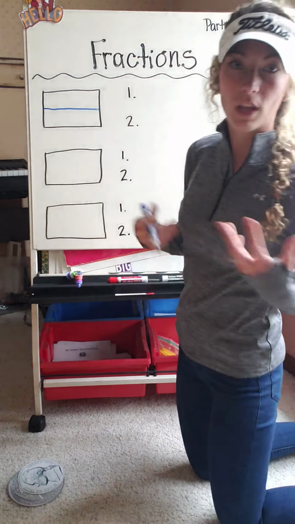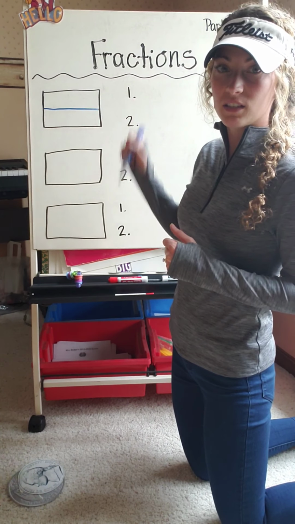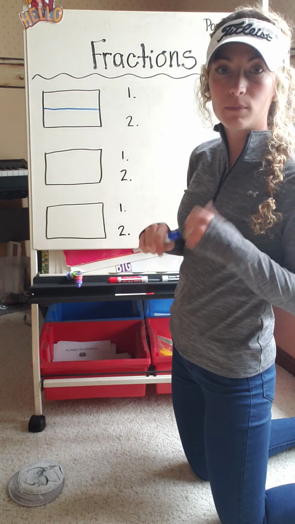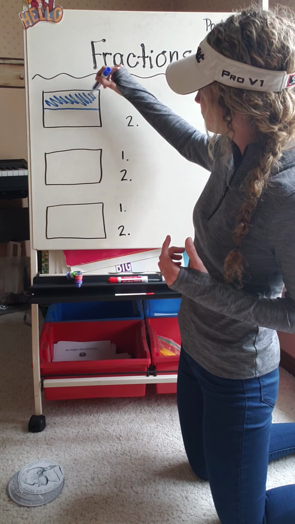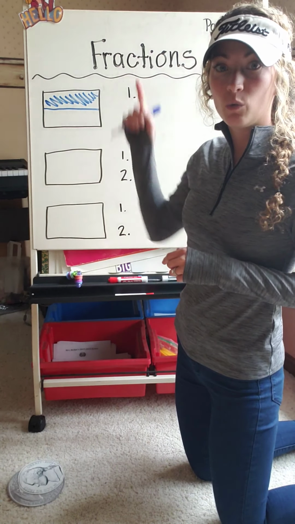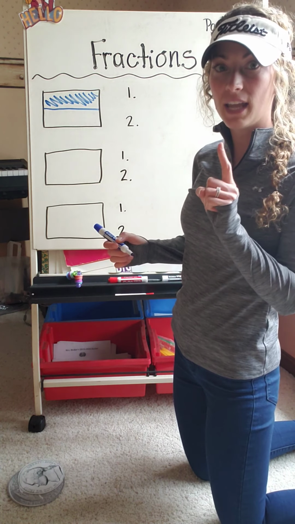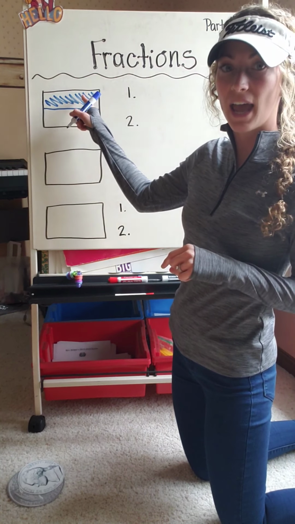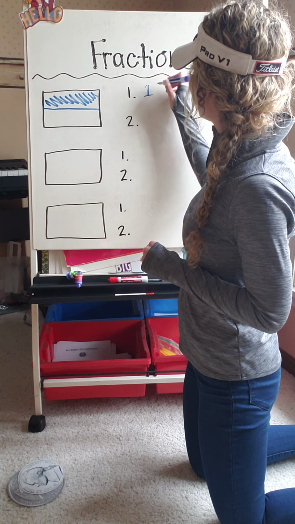Okay, so lines aren't perfect, but I made 2 parts to my square. So the names for that, if I would fill in just this one, that would be 1/2 of the square. So one name is 1/2. So I'm going to write 1/2.